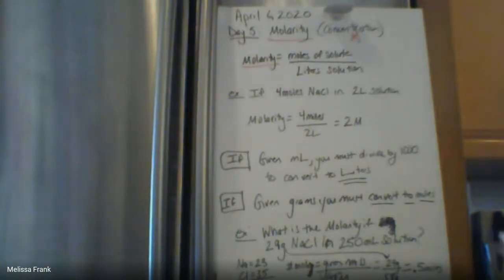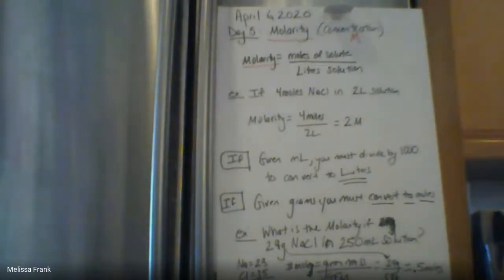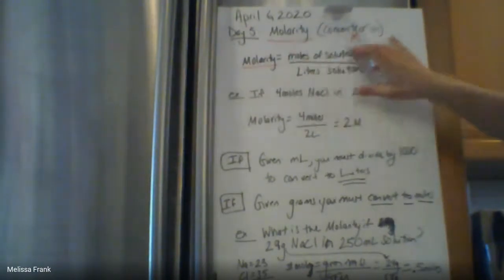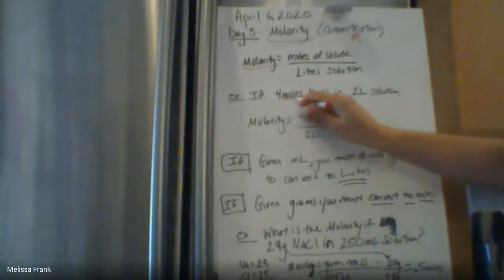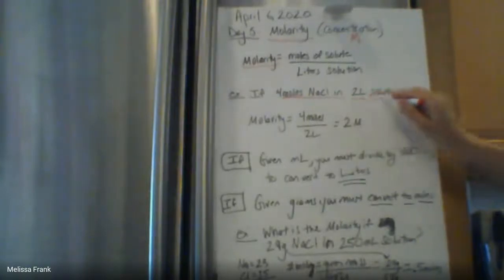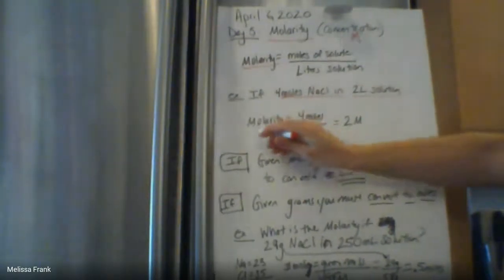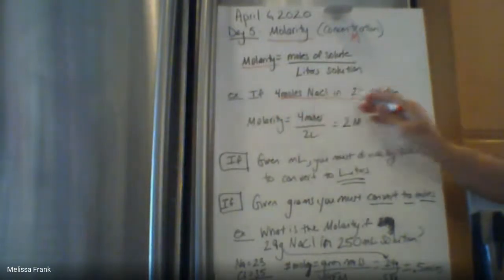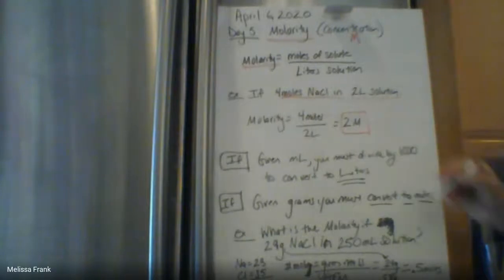So molarity is moles of solute per liter of solution. So remember how to determine the number of moles you have. For example, if you have 4 moles of NaCl in 2 liters of solution, the general formula, which is pretty easy, molarity is 4 moles in 2 liters of solution, or 2 molar.